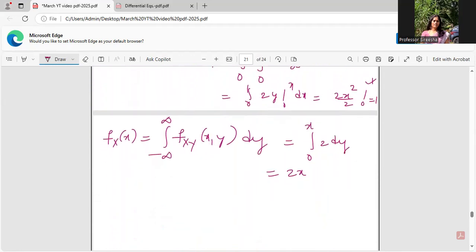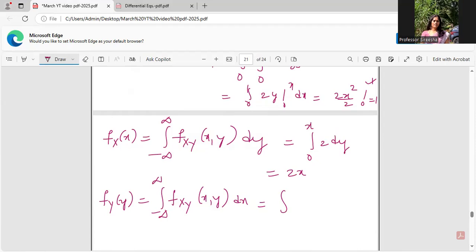Marginal density function of f of x. F of y, how will I find it out? Just see, guys. Same thing with respect to x, I will be doing. Minus infinity to plus infinity of f of x comma y dx. This is equal to the integral, and just see here, x limits are from 0 to 1.